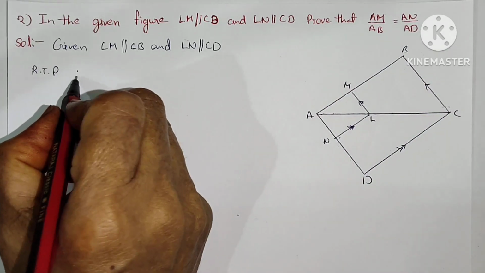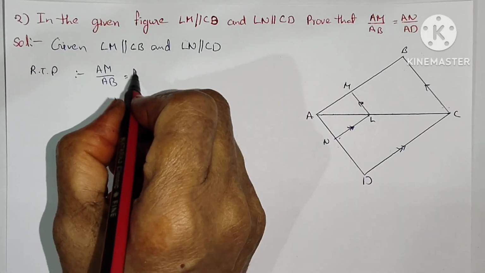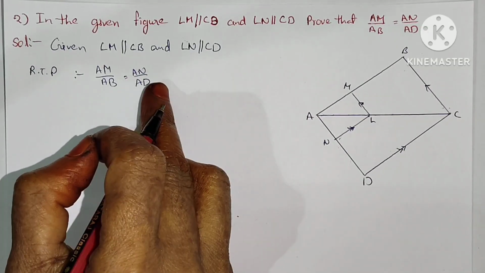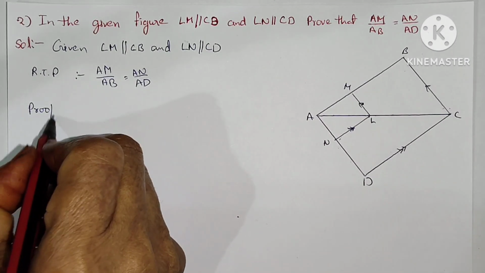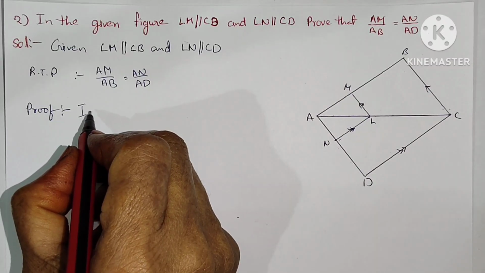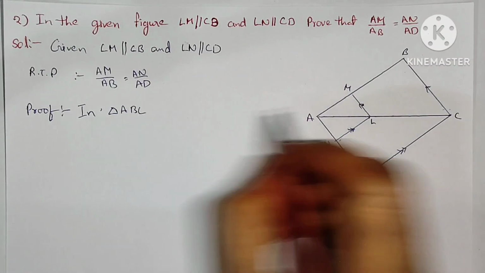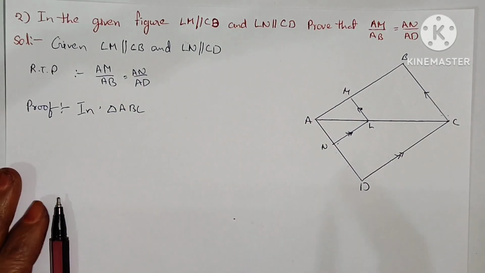So we write that one: AM by AB equals AN by AD. Here we prove these are equal. Now we write the proof. First we take the triangle ABC. This triangle we draw as a subdiagram here.